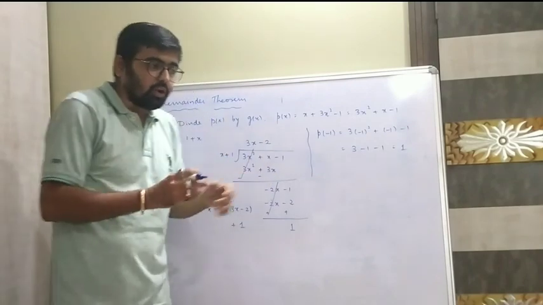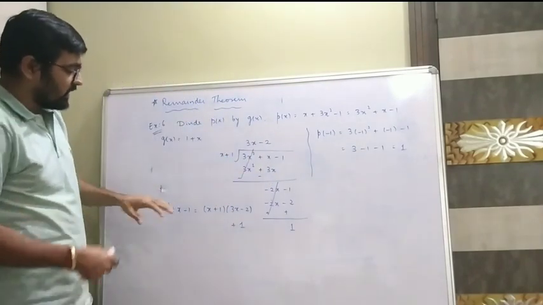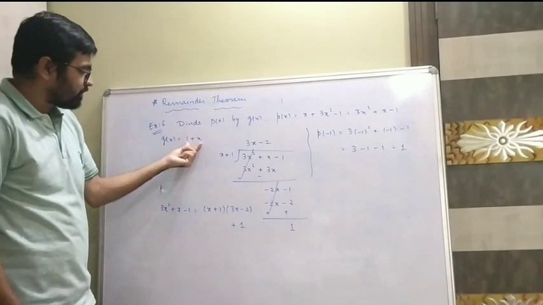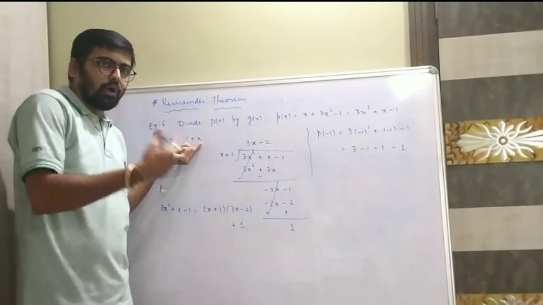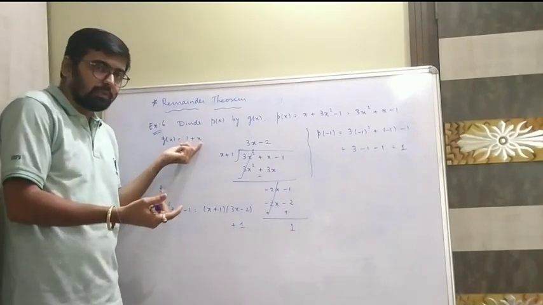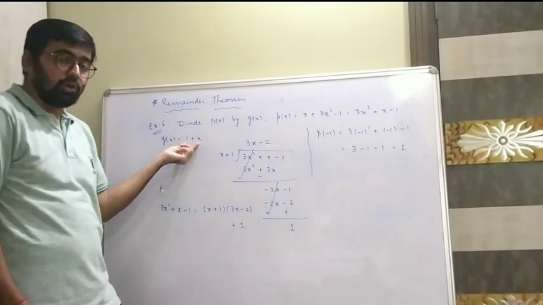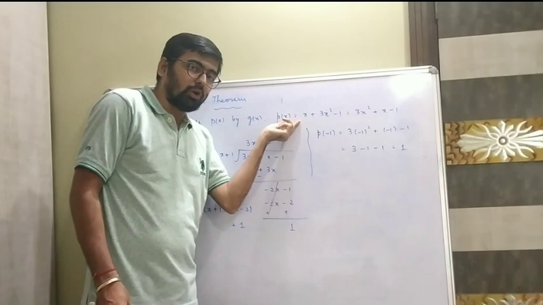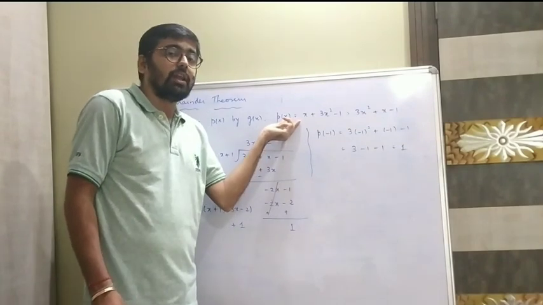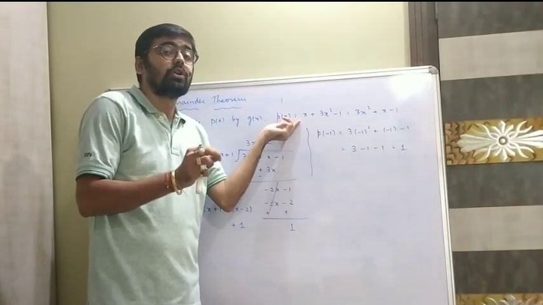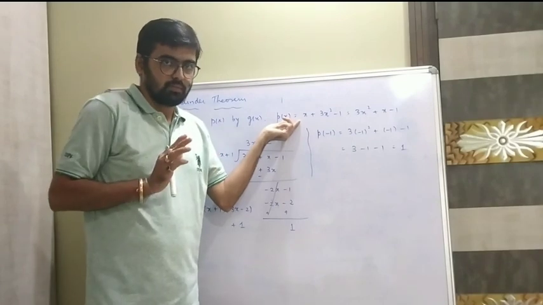What I am trying to relate here is that if it is a linear polynomial, and I replace the zero of this linear polynomial in the given polynomial p of x, the value of p of x is going to be the remainder. Are you getting it?